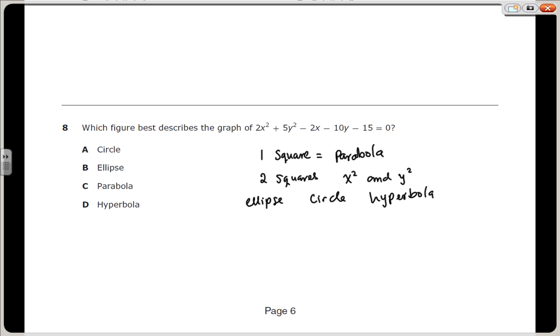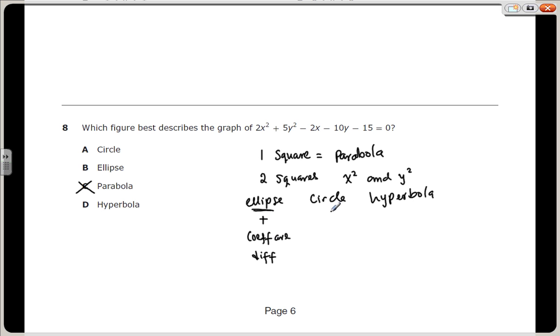So in this problem, since we have two squares, parabola is not an option. We can eliminate that. Now, if you have two squares and they're separated by a plus, and the coefficients are different, you have an ellipse. Okay, for an ellipse you have a plus in between the squares.